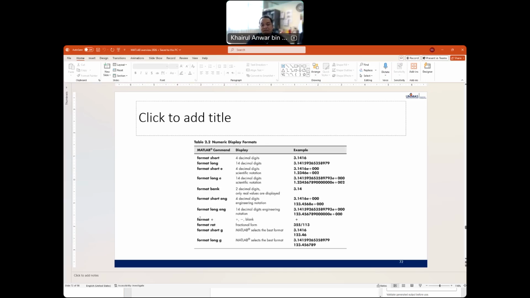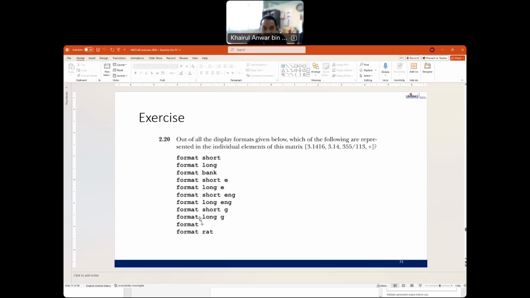So this table shows you all the commands to display the numeric display from format short to format long G. Out of all the display formats given below, which of the following are represented in the individual elements of this matrix?